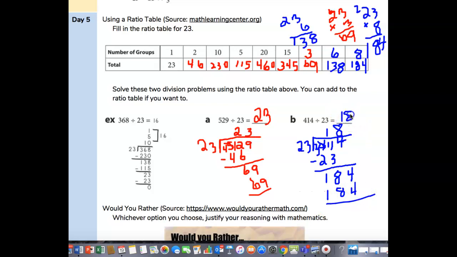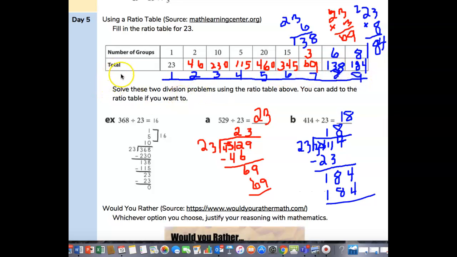Okay? So it's not a bad idea if you get confused, let's say with a big divisor. Now they did it randomly and mixed up numbers, but if you had a 2-digit number and you just weren't sure how to do the division, you could go through here and put 1, 2, 3, 4, 5, 6, 7, 8, and 9.